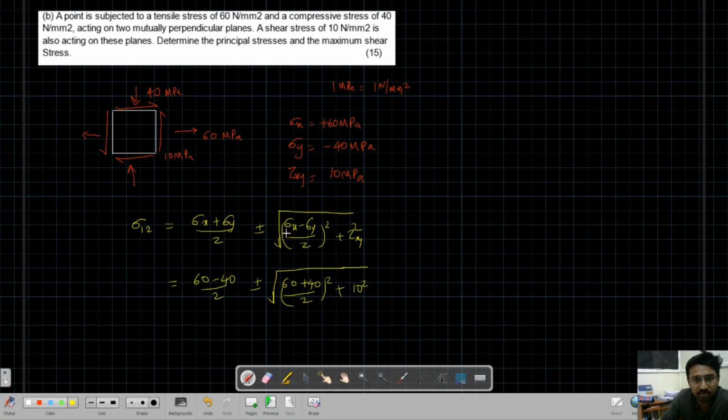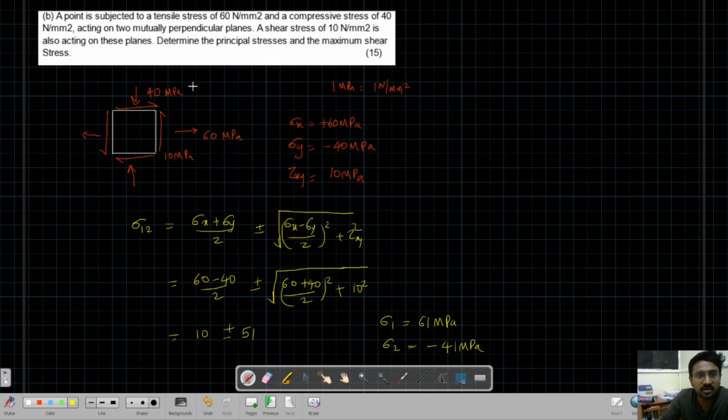Sigma x minus sigma y, minus minus will become plus. So this becomes 60 minus 40, 20 by 2 is 10, plus minus. This entire root value comes out to be approximately 51 MPa. So I can say my sigma 1 is 61 MPa and my sigma 2 is 10 minus 51, which is minus 41 MPa.